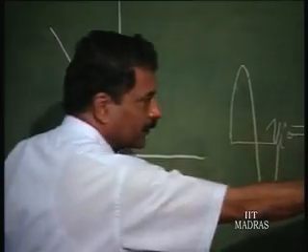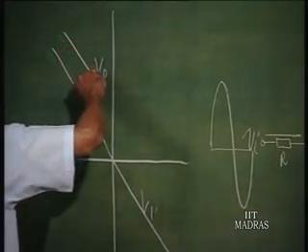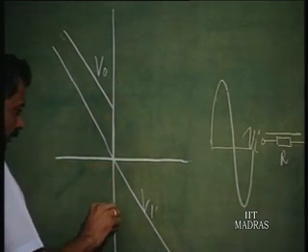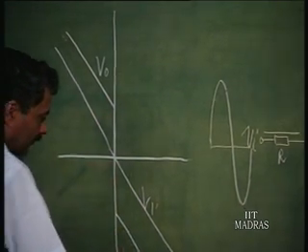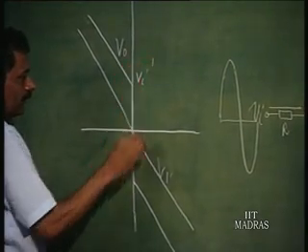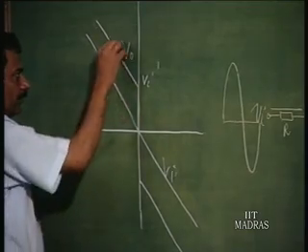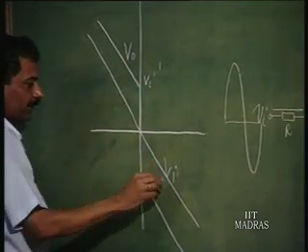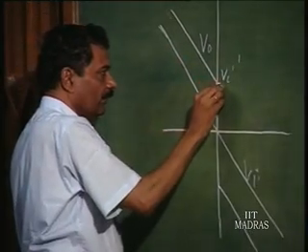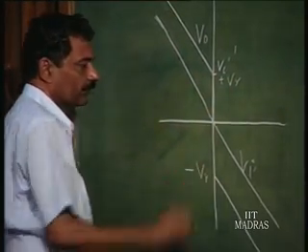As far as this is concerned, this is going to be linear after a voltage of... This is V naught versus V I dash, V naught versus V I. This is going to be plus V gamma, this is going to be minus V gamma.